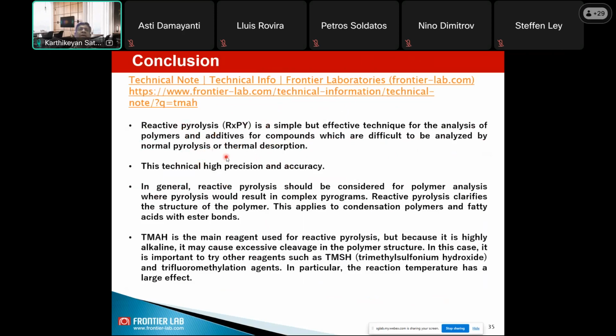This is where we have to consider reactive pyrolysis. In terms of analytical performance, the reactive pyrolysis data provides high precision and high accuracy.